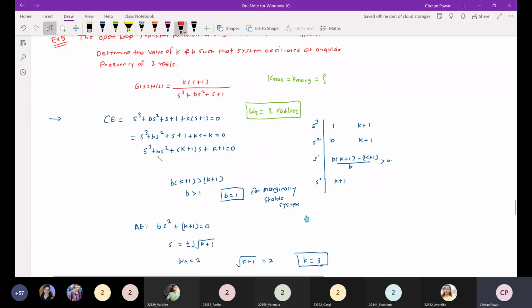This is the inner product and this is the outer product. So b into (k plus 1) should be greater than (k plus 1) into 1. So b should be greater than 1 for a stable system.